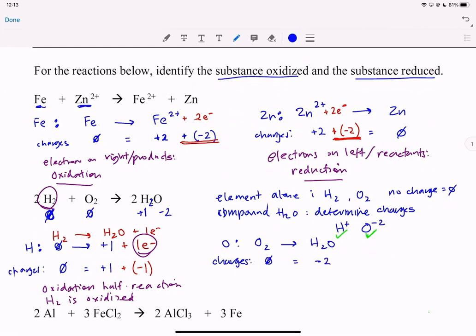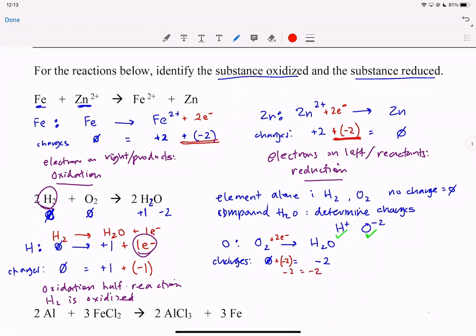In H2O, the oxygen was -2. Those are not equal. To make them equal, you've got to add electrons somewhere. Adding electrons would have to be on this side, so adding a -2 on the left side. That's adding 2 electrons on the left, and -2 will equal -2.